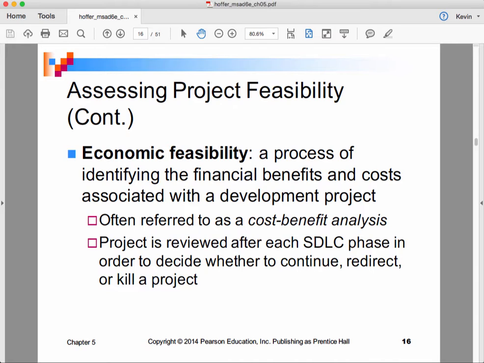In terms of an agile project, we still need to look at the economic feasibility of the project overall. In terms of how we go from phase to phase and analyze it, we typically have some length of time that we expect to conduct the project for. Let's say we're doing 3 week sprints and we're expecting to do 10 of them. So we're expecting to run the project for 30 weeks.